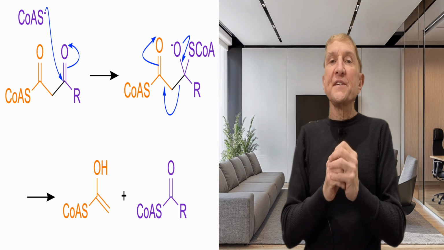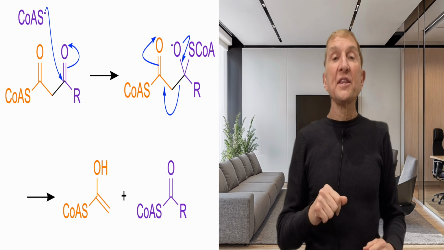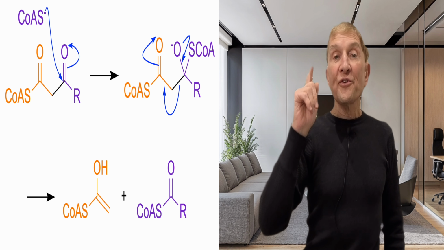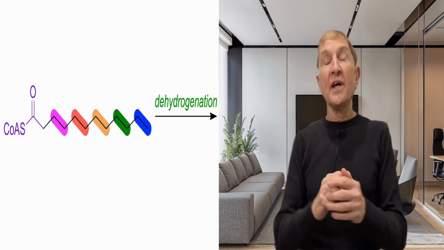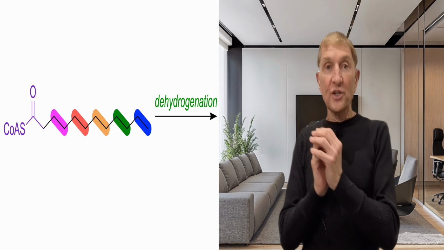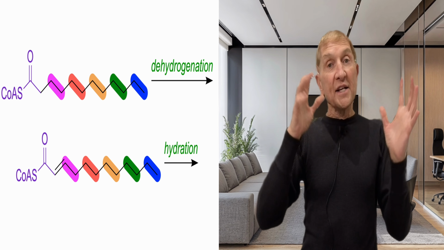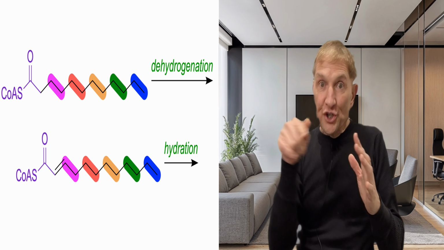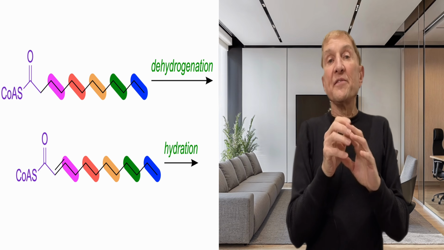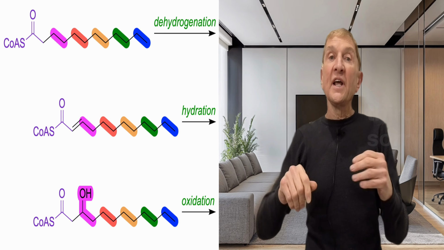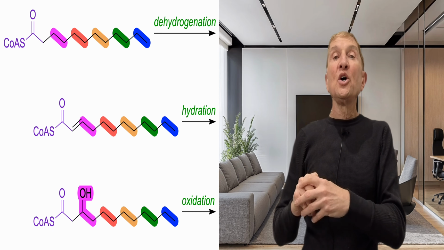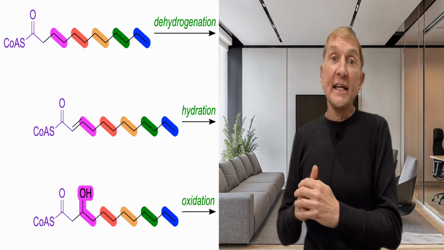That fatty acid can be oxidized at the beta position in 3 steps. The first one is dehydrogenation, gives an alpha-beta unsaturated compound. The second one is a hydration in the conjugate addition sense. That gives a 3-hydroxy ester. And the third one is oxidation of that, probably with NAD+.